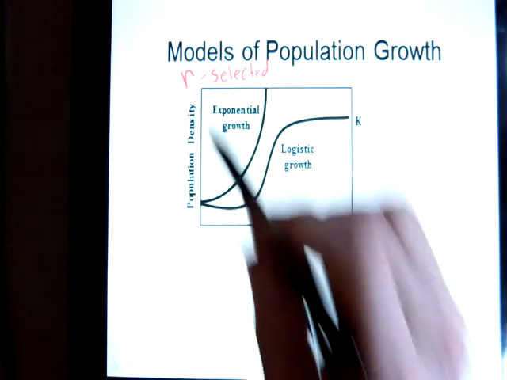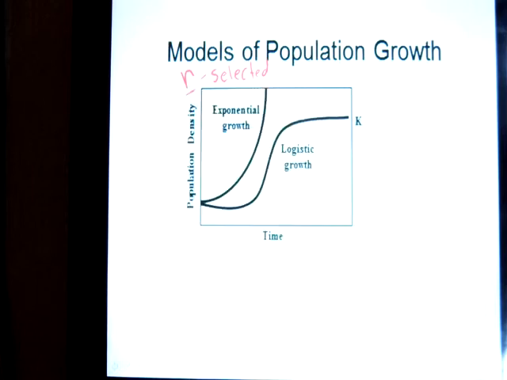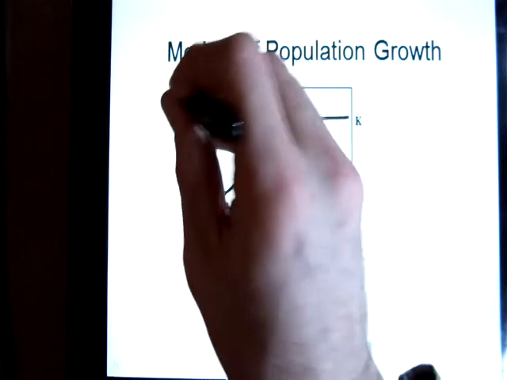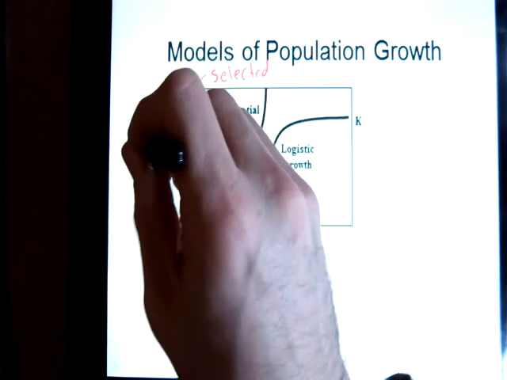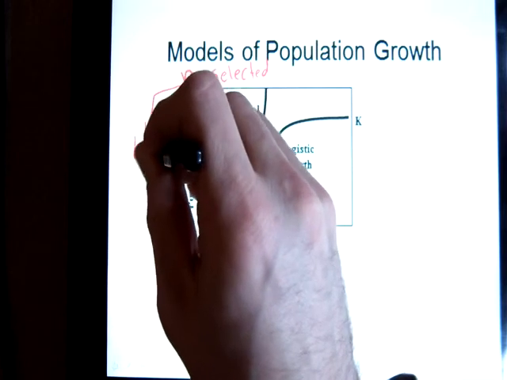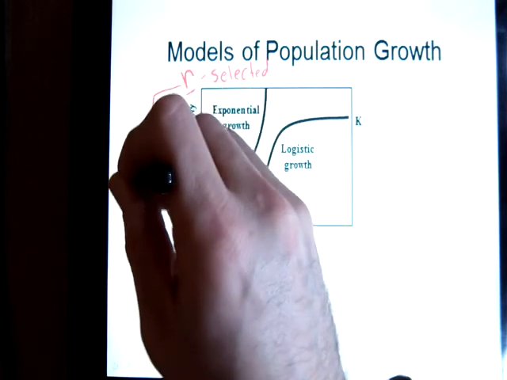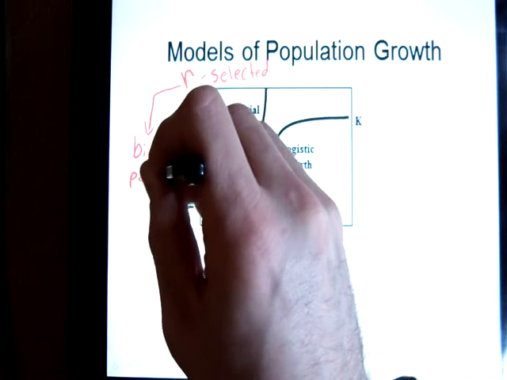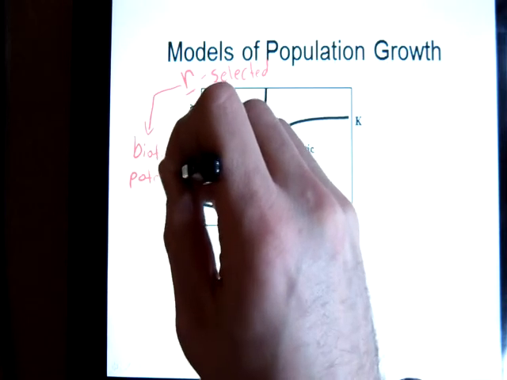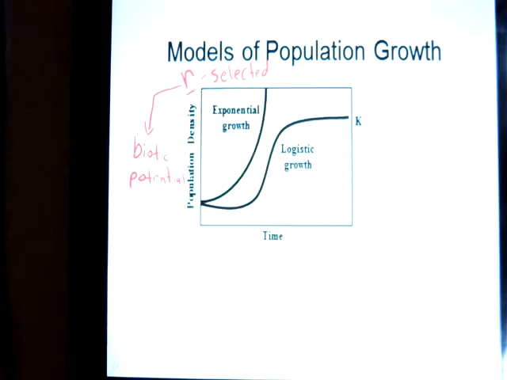Now, just as an aside, whenever you see R, it refers to a term called biotic potential. Now, biotic potential is a pretty important term that you need to know. Biotic potential refers to a species' ability to increase in population under perfect conditions.